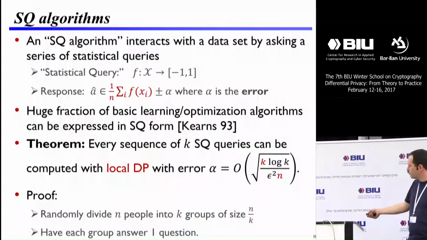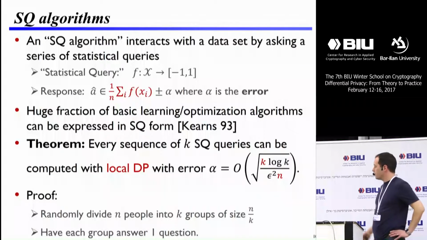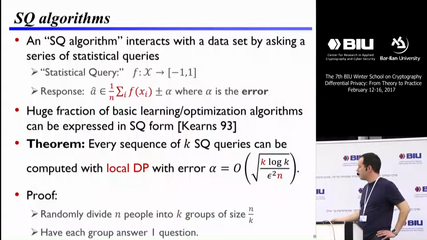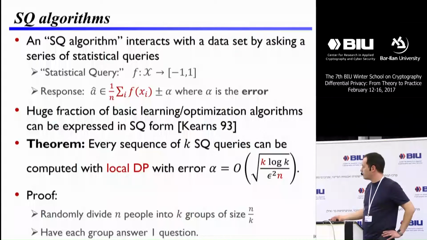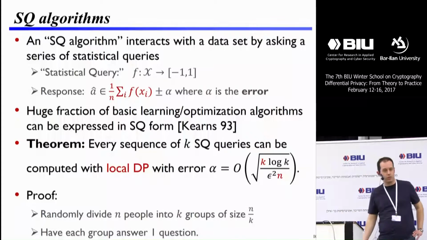So instead of getting 1 over square root of n, you get 1 over square root of n over k, and then you pick up an extra log k factor because of the union bound over queries. But basically what this says is that as long as you've got lots of data, you can run any SQ computation in the local model, and it's going to work.